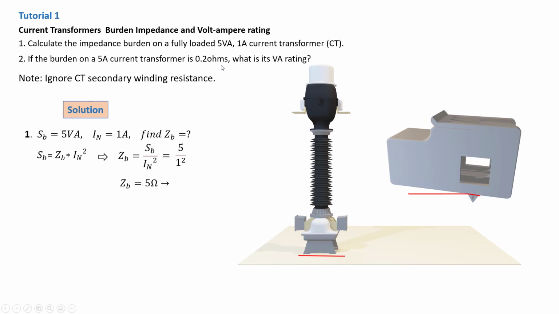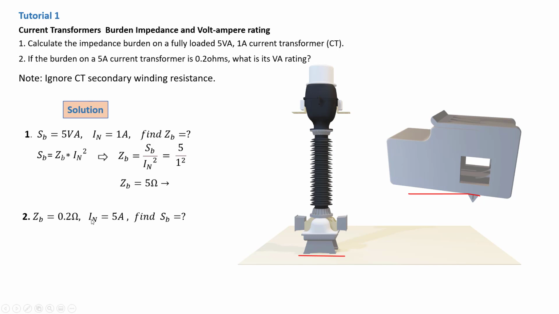How then do we calculate the VA rating? We're going to use the same process. We know that ZB, the burden impedance, is 0.2 ohm.